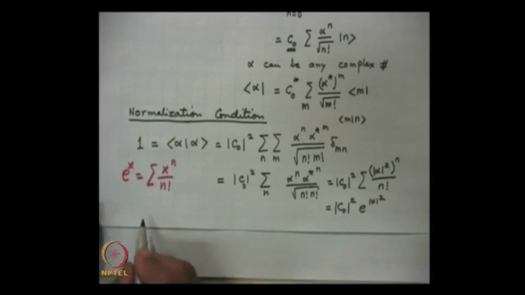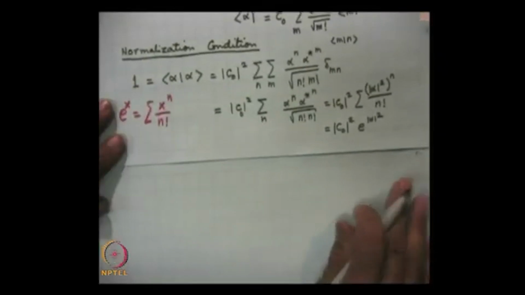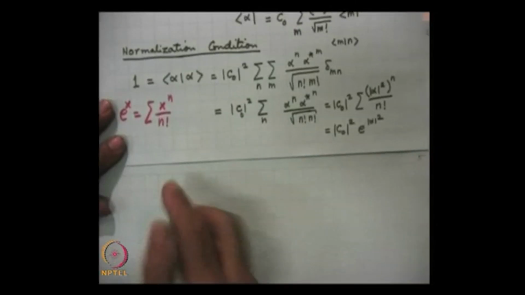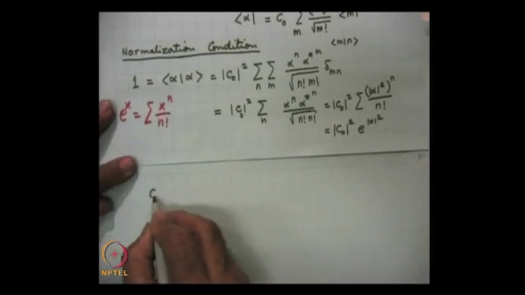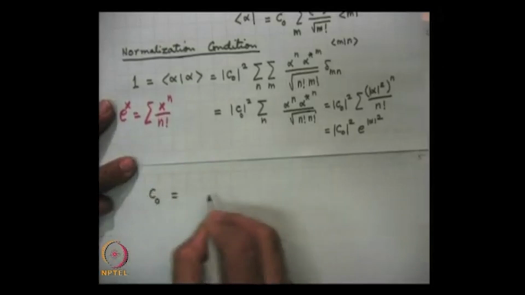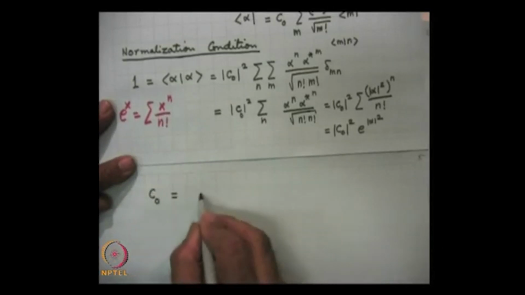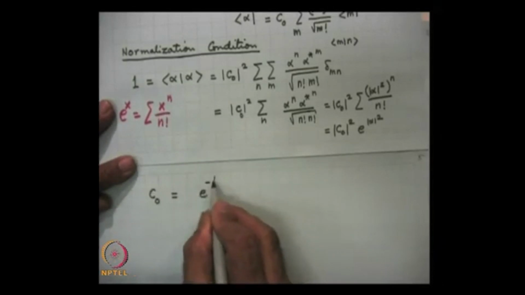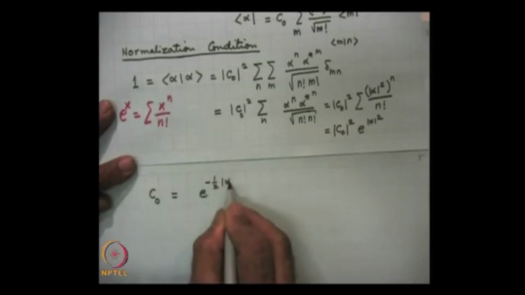And therefore, we get the result that C 0, within a phase factor, is equal to e to the power of minus half alpha mod square.